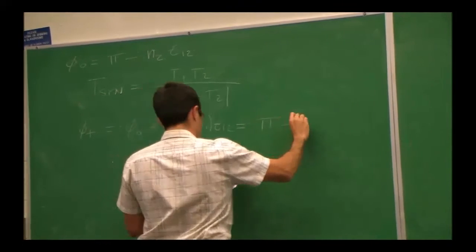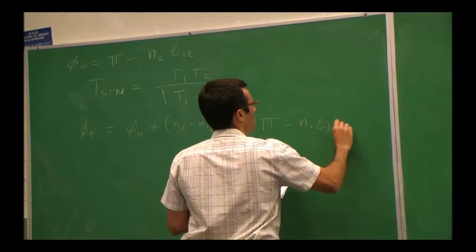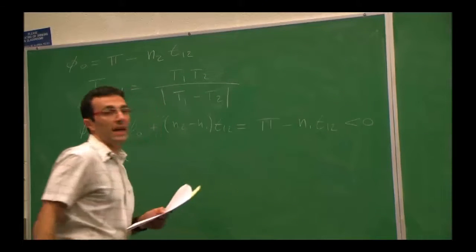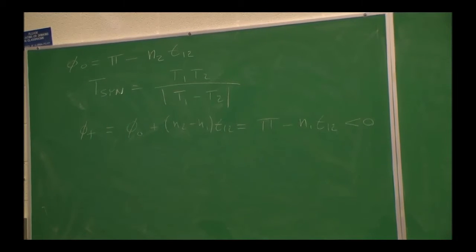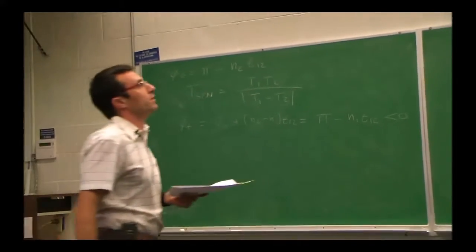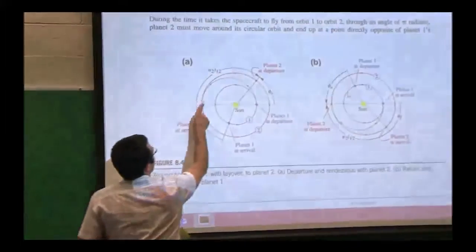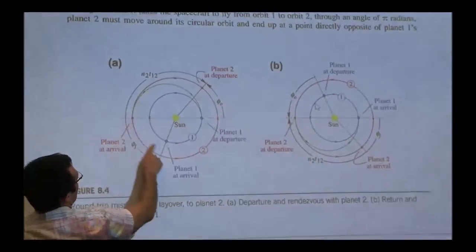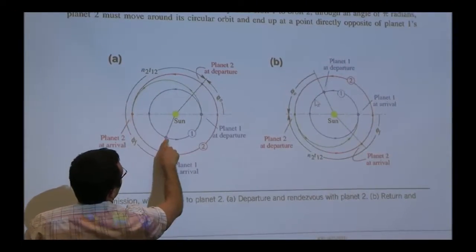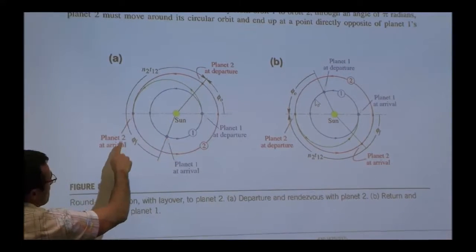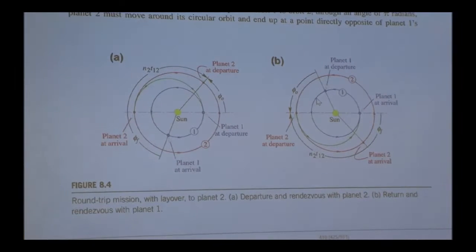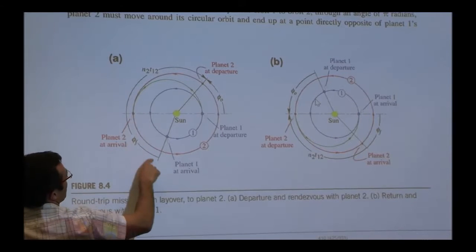This is pi minus n1 T12, which we have proven to be negative, right? Which makes sense. Planet 1 is moving faster, so at the end of this, when the spacecraft reaches planet 2 right here, planet 1 has actually gone ahead of 2 by that additional angle, phi final.